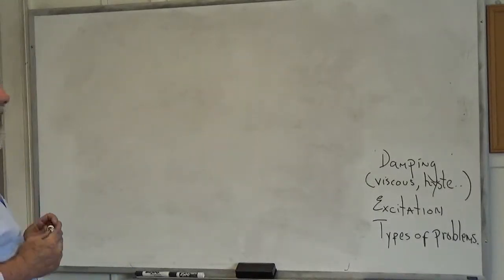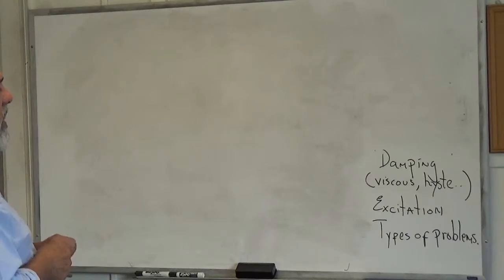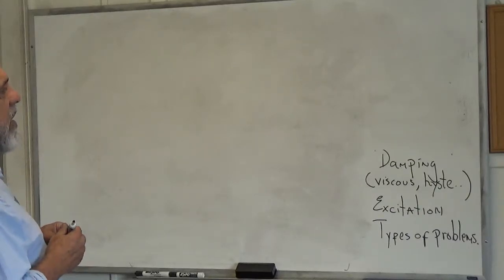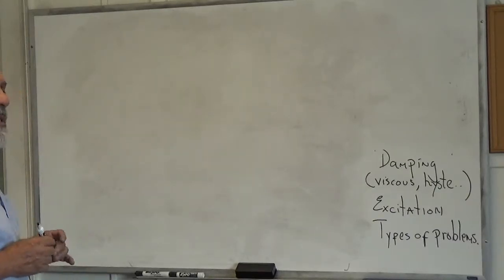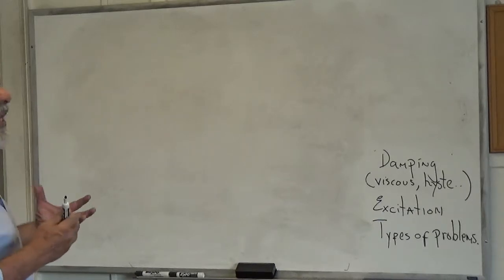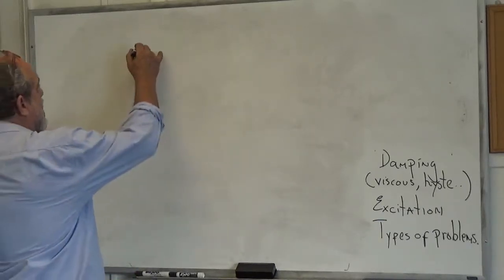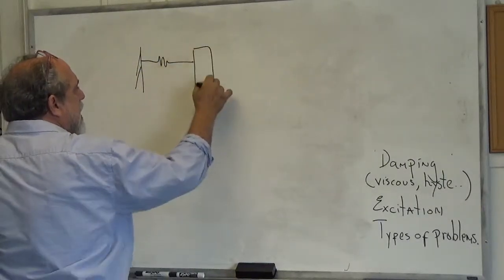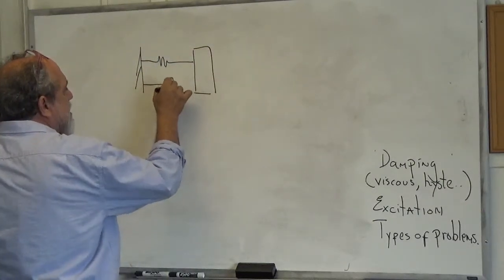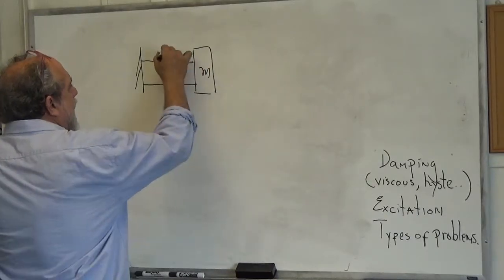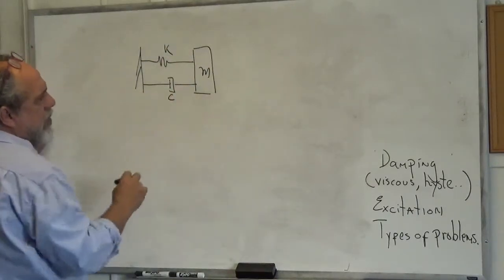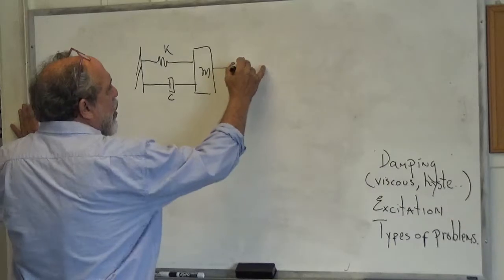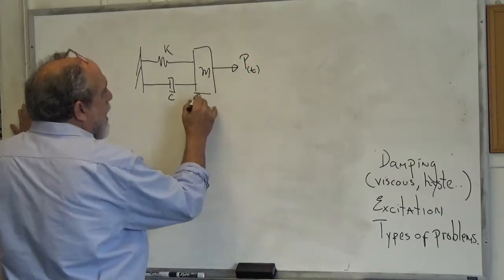Meaning, by viscosity, that we assume that the damping force is proportional to velocity. So we typically write this thing like this, and we add this element, which is a damper.